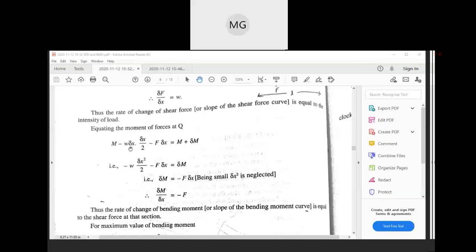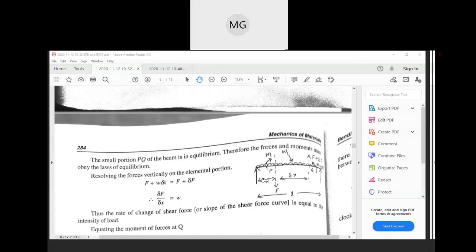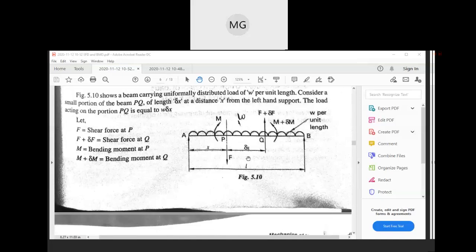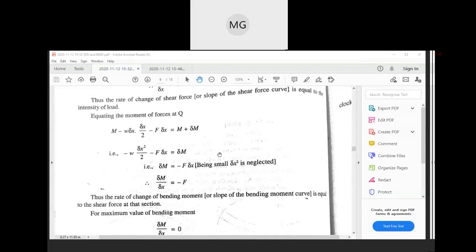So load into the center of gravity of the section. So this is that moment, load into distance.